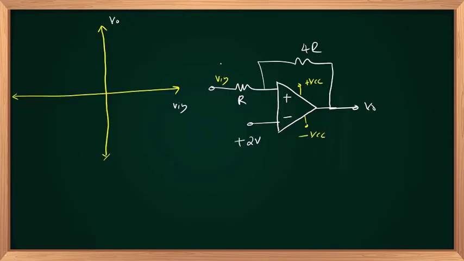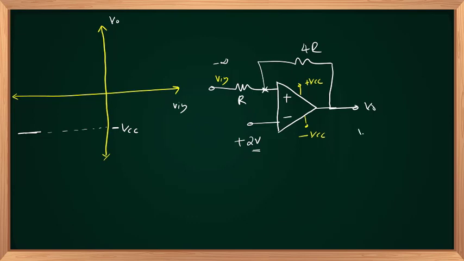So if your V in is at minus infinity, this will be negative, of course. This is a positive value. So output will be at minus VCC, and this is my minus VCC level, right? To get a transition from minus VCC to plus VCC, I should ensure a positive voltage here.